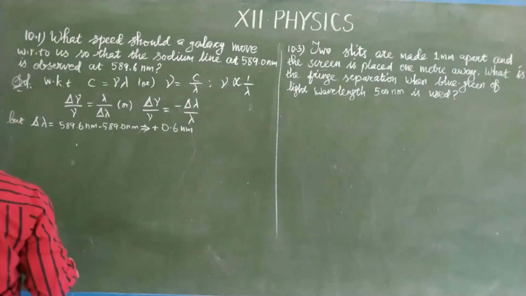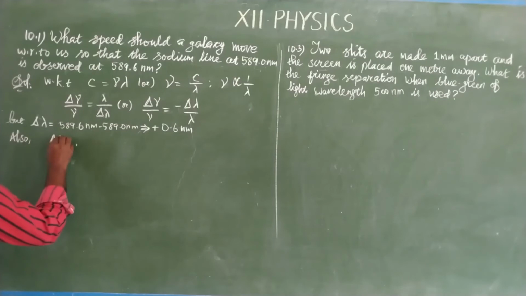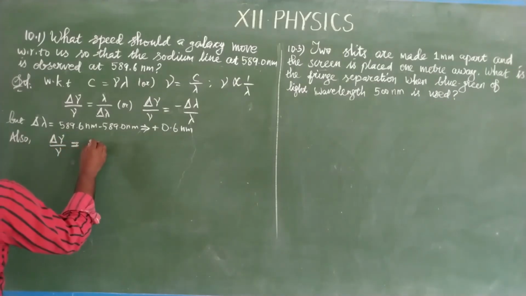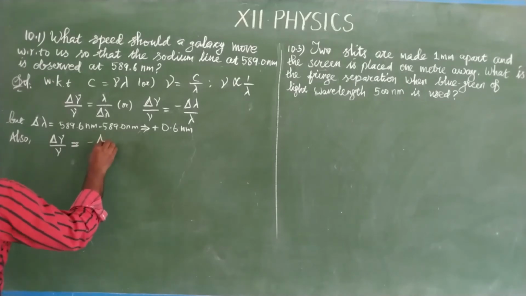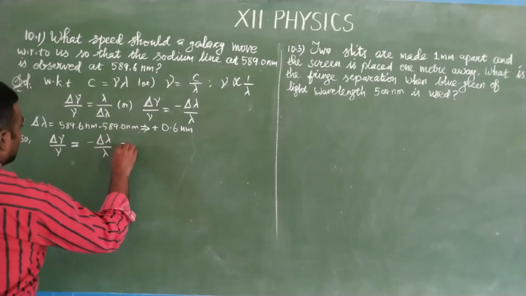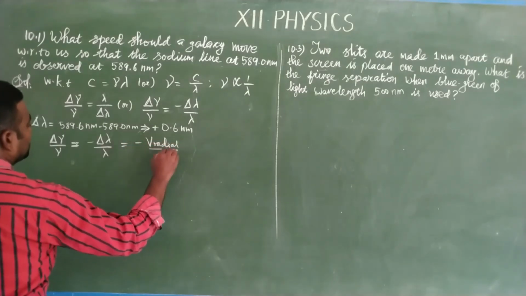Also, using the Doppler effect, we know the formula. The change in frequency from the original frequency is equal to minus the change in the wavelength from the original wavelength, which is also equal to minus the radial velocity divided by the speed of light.